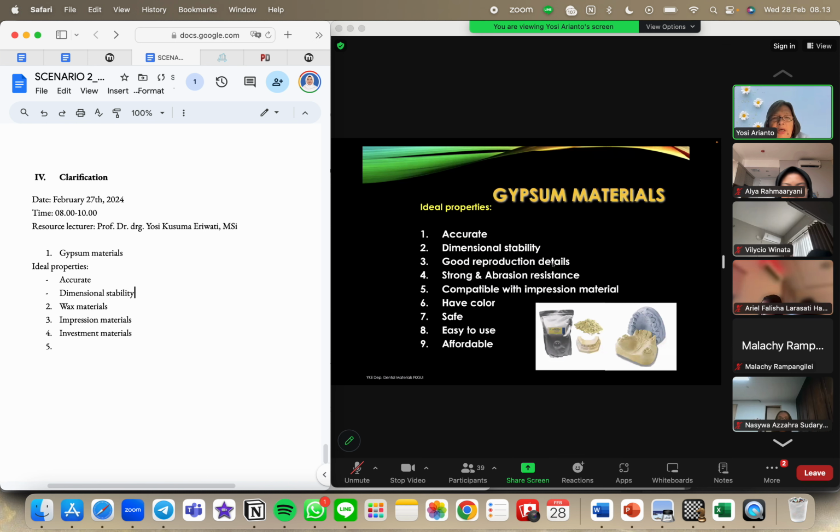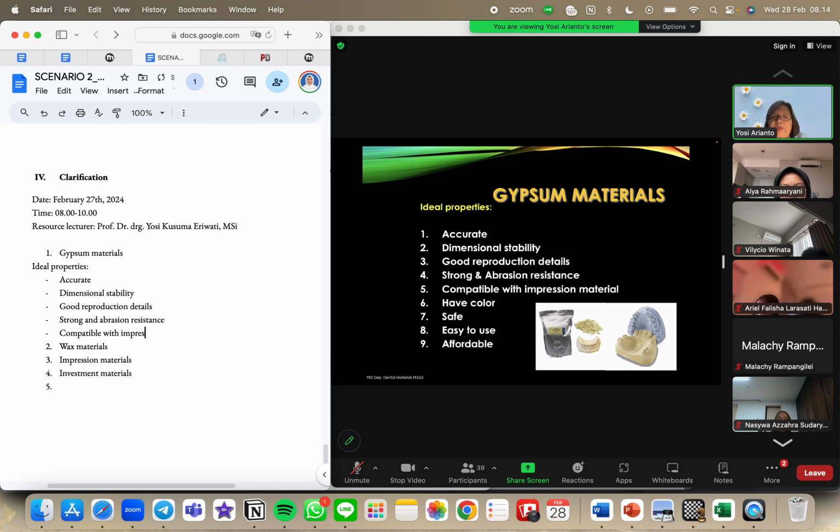And usually they have a color, and the color is quite the same, like blue, pink, yellow, or soft green, etc. And it should be safe, especially to the patient, to the operator, to the dentist, and also easy to use and also affordable.